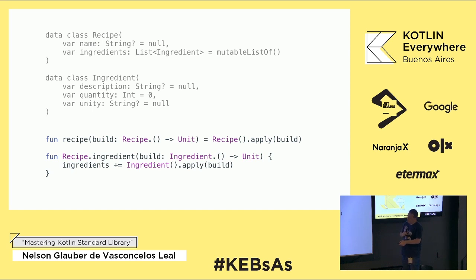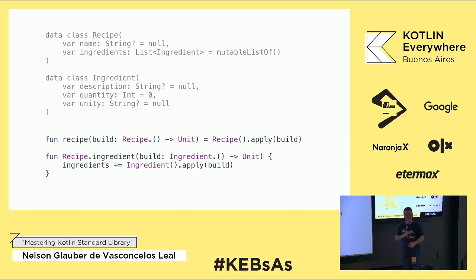And I'm doing the same or a similar thing for ingredient. I'm creating an ingredient, calling apply, calling the build function, which I passed as parameter, and I'm adding the ingredient to the ingredients list. Now you may ask, but Nelson, where does ingredient come from? This is an extension function of recipe. Recipe has a list of ingredients, so I can call it directly.